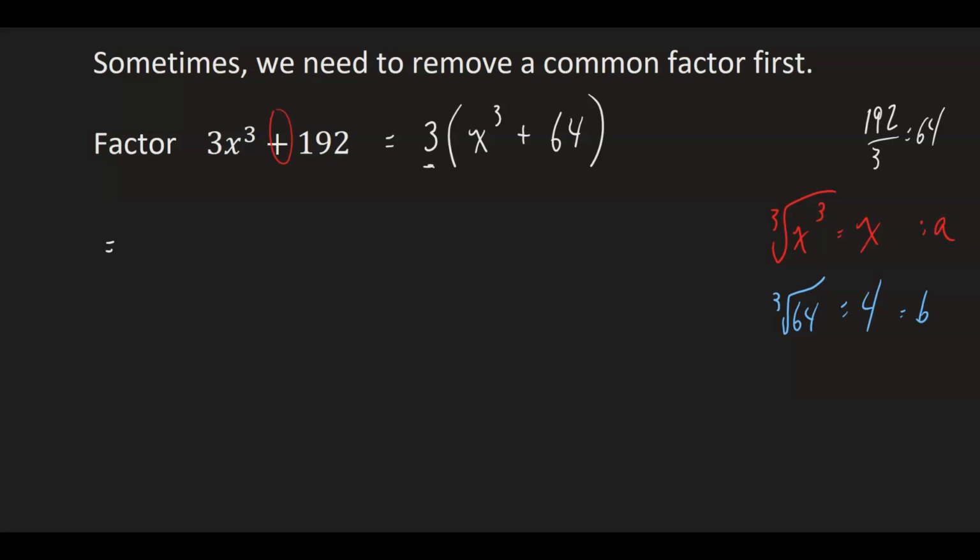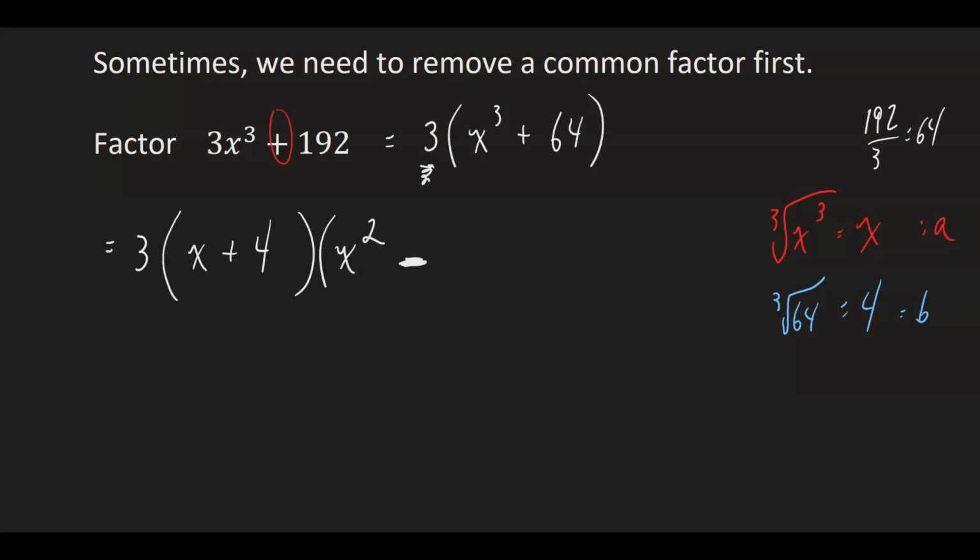So let's take a look at that. Remember, we factored out a 3. Don't forget that, okay? 3. And now the first bracket is the a plus b, which is x plus 4. And the second bracket is a squared, which in our case is x squared, and the opposite sign, so it's a minus, and then it's a times b.